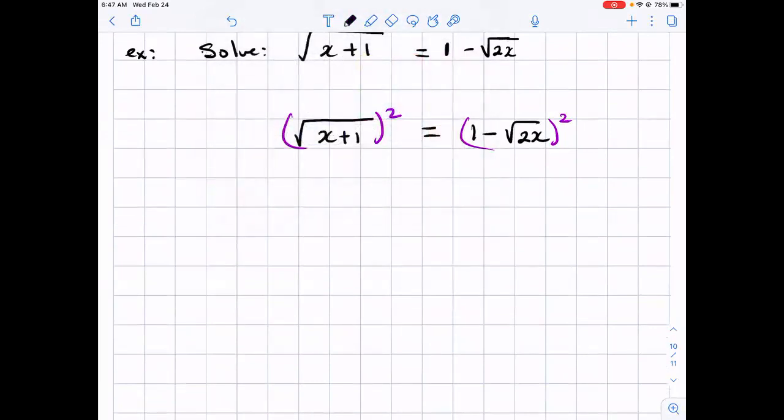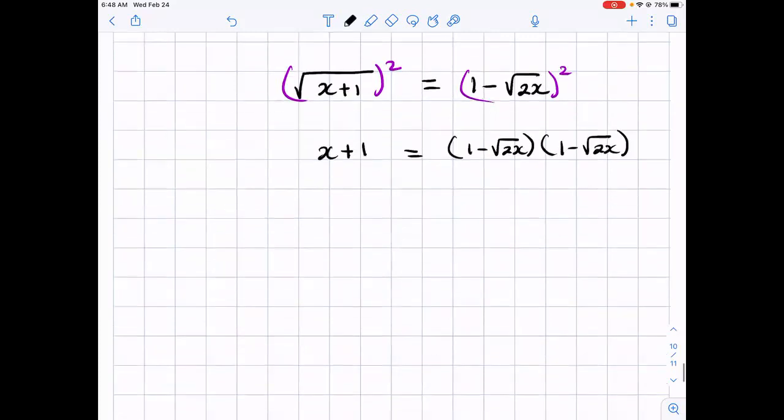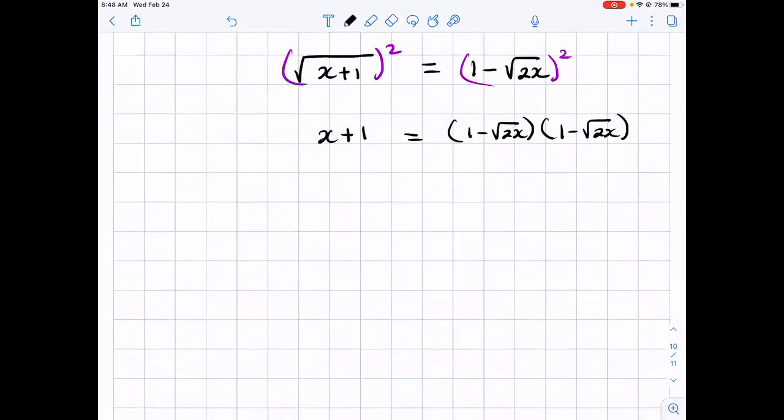So that square will cancel out with that root, leaving you with x plus 1. And this becomes 1 minus the square root of 2x times 1 minus the square root of 2x. When you foil this out, as we did in the last example, you will get 1 times 1, which is 1. 1 times minus the square root of 2x will give me just minus the square root of 2x.